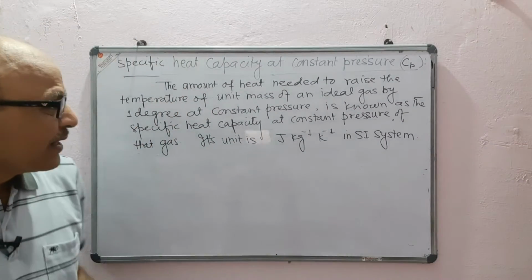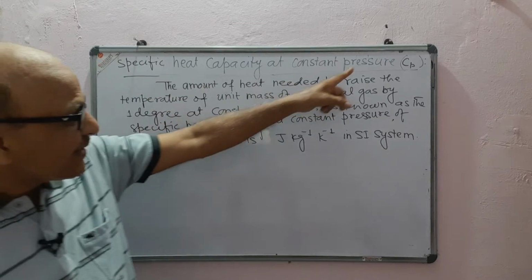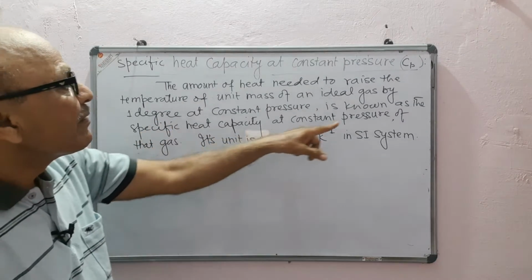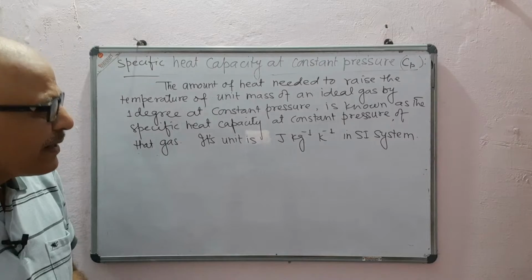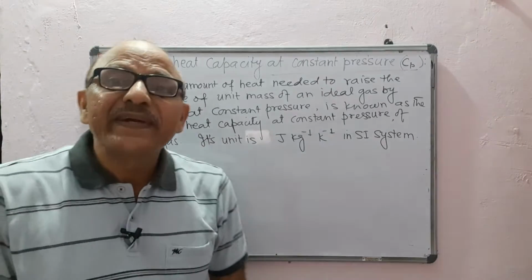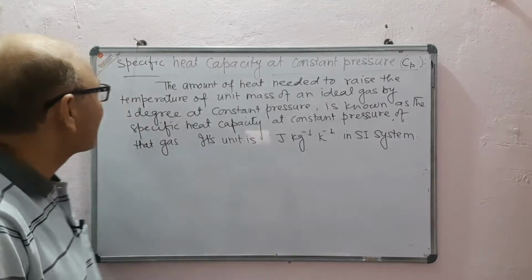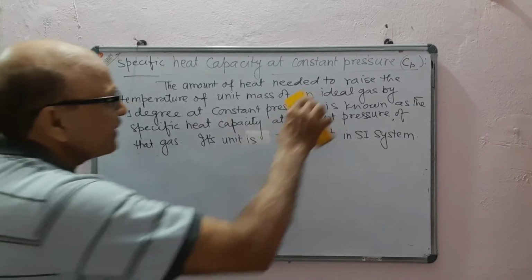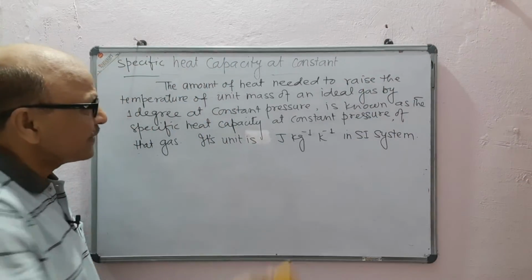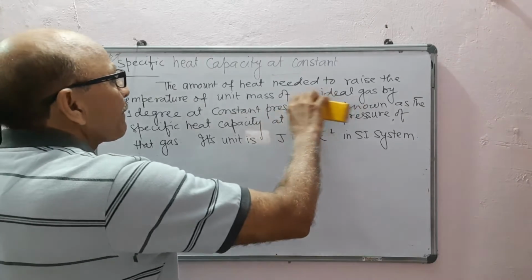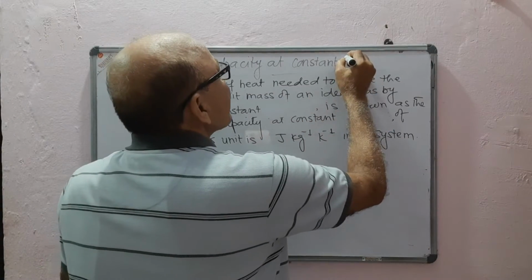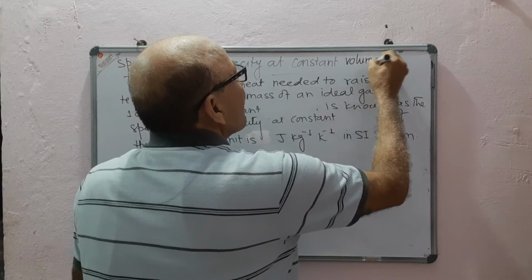Similarly, if you replace pressure by volume, then we get the definition of specific heat capacity at constant volume. Its symbol is C small v.